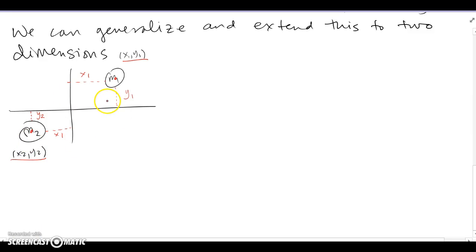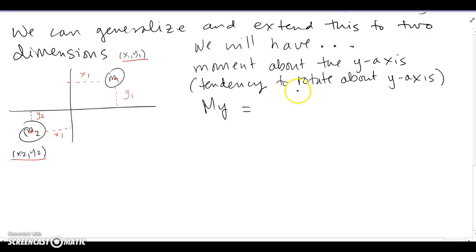So in this case, that creates 2 moments. Moments about the y-axis and moments about the x-axis. The tendency of this system to swing about the y-axis and lose its balance, and the tendency of the system to swing about the x-axis. So we look at 2 moments. The tendency of the system to rotate about the y-axis depends on how far this guy is from the y-axis. So notice my M1 is x1 units from the y-axis.